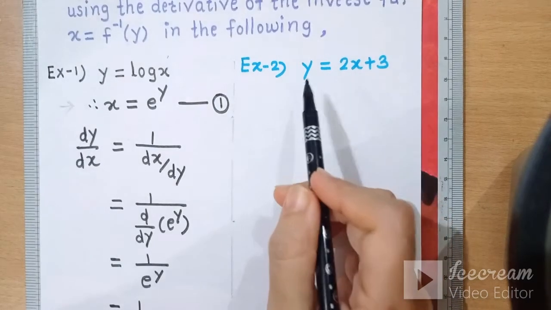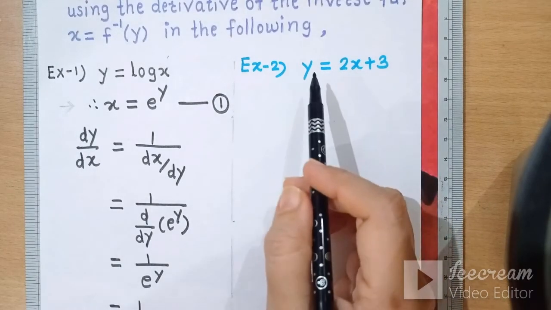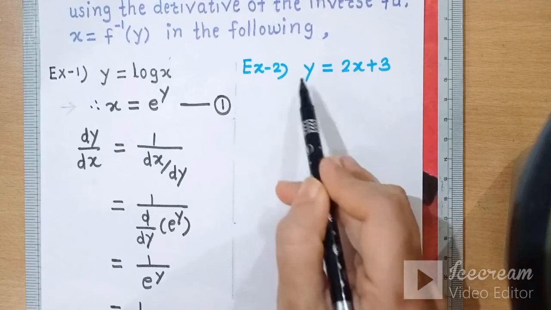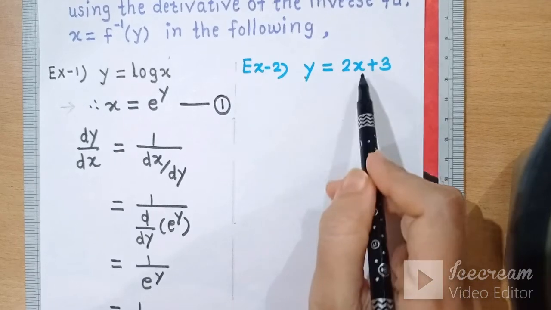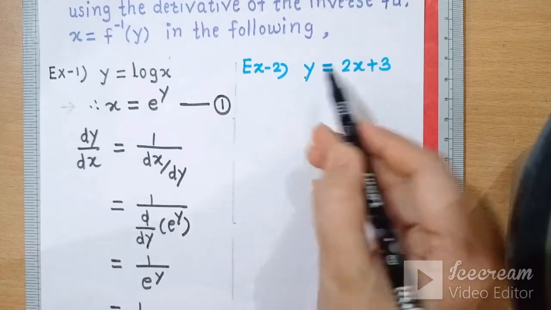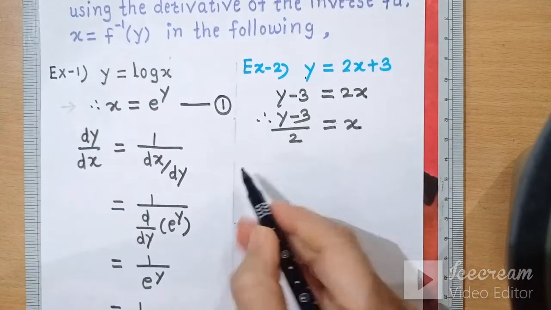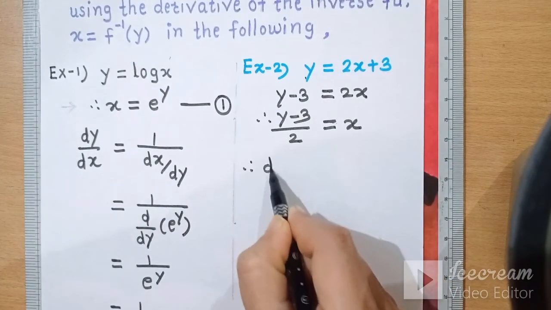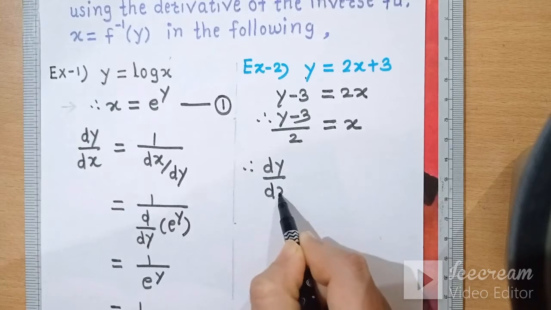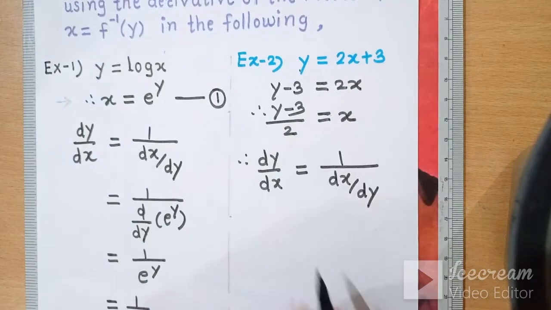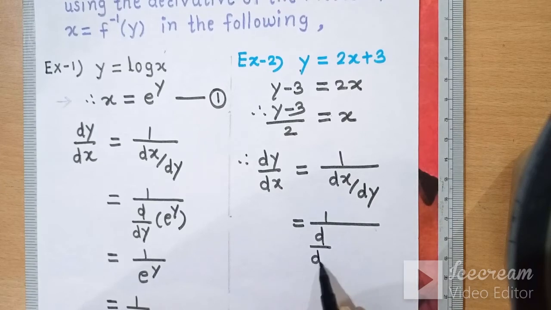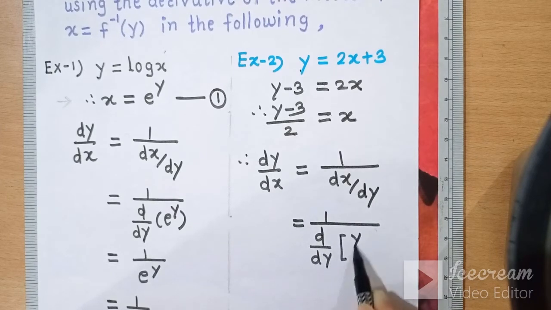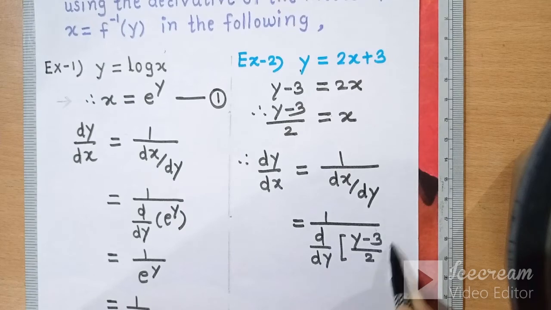Now let's solve the second example, and same here, you have to find the derivative of this y function, that means dy by dx. So first we will express x as a function of y. Now write down this formula. Therefore dy by dx is equal to 1 upon d by dy of (y minus 3) upon 2.